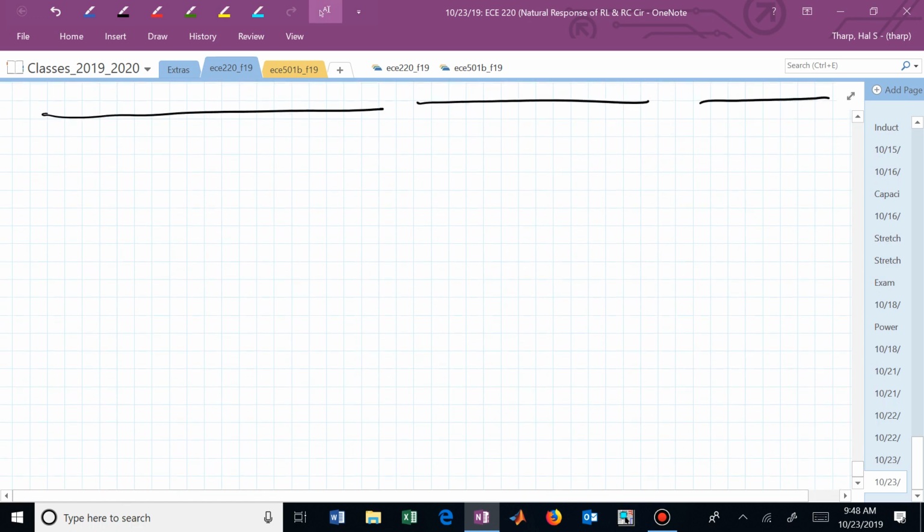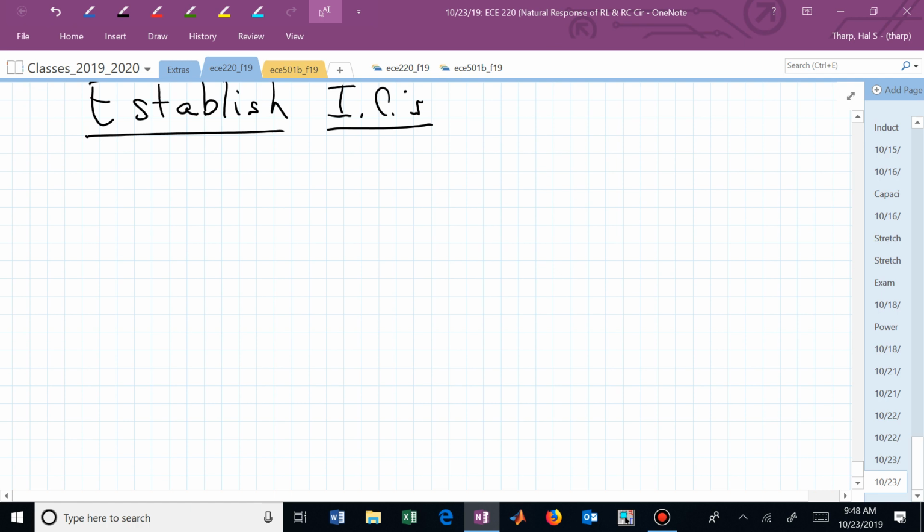How do we establish initial conditions? Well, we do it by switches. It's not magic so much. We don't bend down and put it on the table and say, there you go. But we might, on an exam, say, here's your initial condition and give it to you.